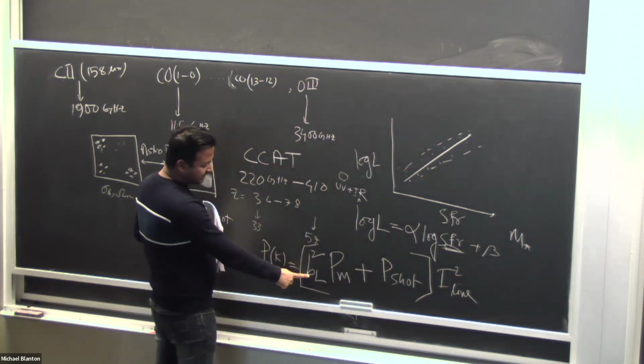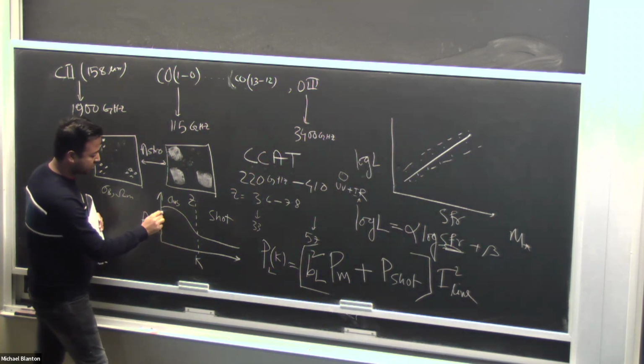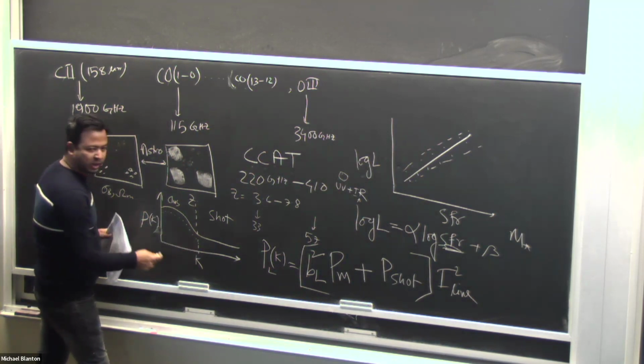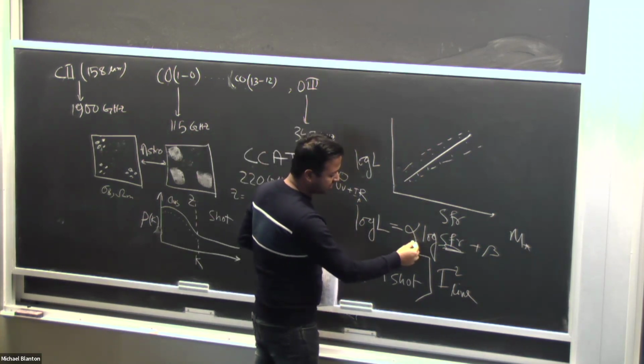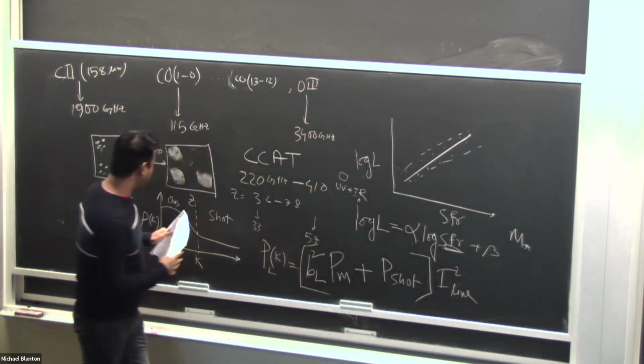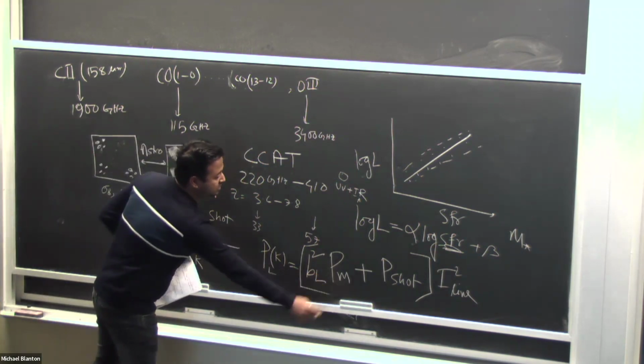So b is the bias parameter, which basically tells what the amplitude will be here. So if I consider different models, if I change these parameters, the values of alpha and beta, the shape of the clustering properties will change, and it is proportional to the matter power spectra.